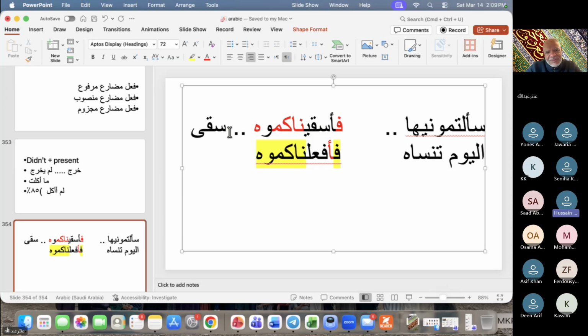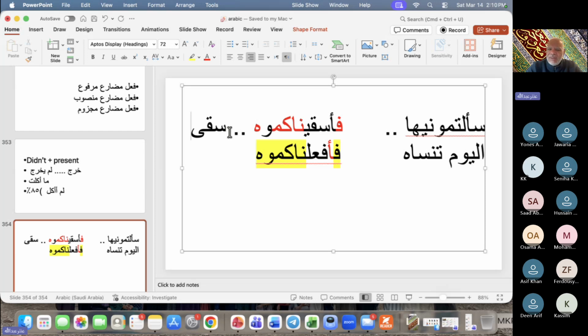Related to what? To not drink, or maybe to give water to something? That's right, to make someone drink. Yeah. To make someone drink, to provide water for someone, to irrigate a place. Okay. So this is the use of sa'altumuniha.